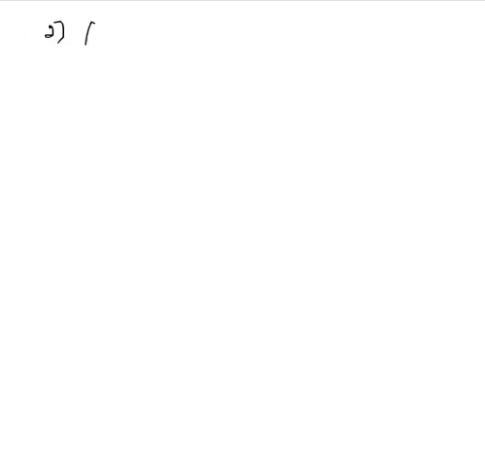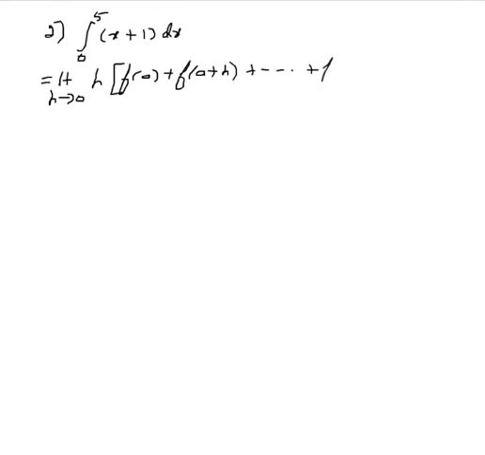Question 2. Integral 0 to 5, x plus 1 dx. First step is writing the formula. Limit h tending to 0 of h times f of a plus f of a plus h plus etc. f of a plus n minus 1 times h, comma, nh is b minus a.